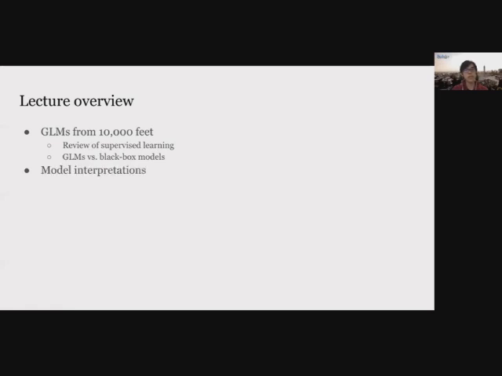Okay, and then we're going to resume a topic that we started in the last lecture, which is model interpretations. So we're going to talk more about how to interpret GLMs when the model is correct. And more importantly, we're going to talk about how to interpret GLMs when the model is wrong.